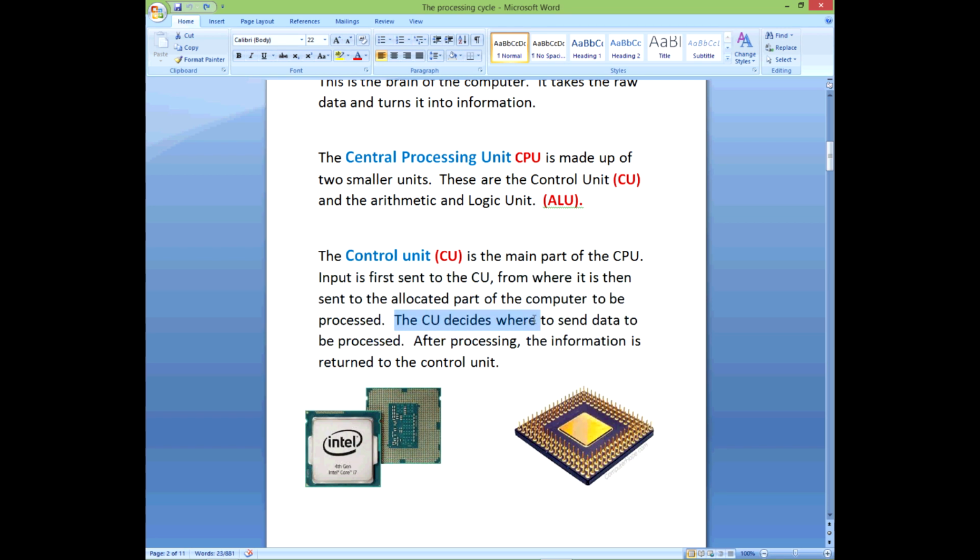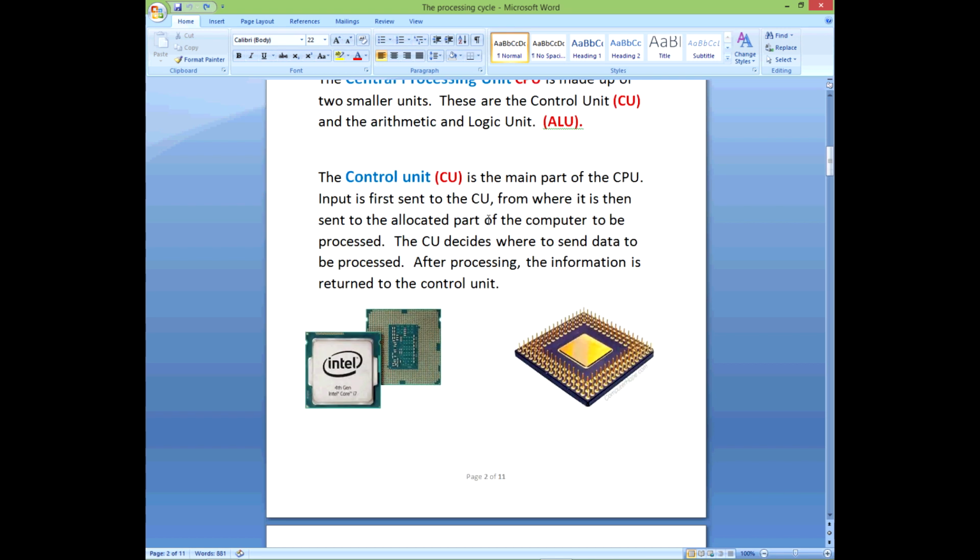The CU decides where to send data to be processed. After processing, the information is returned to the control unit. Basically, the CU is sending data and instructions to the ALU. The ALU in turn calculates and works out what should be done, where it should be done, and so on and so forth.